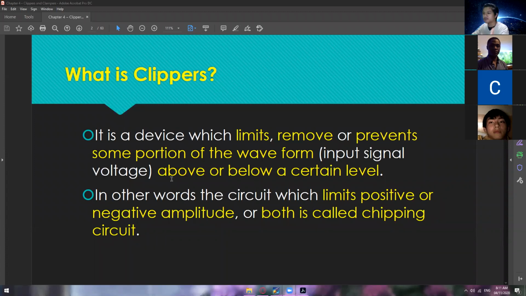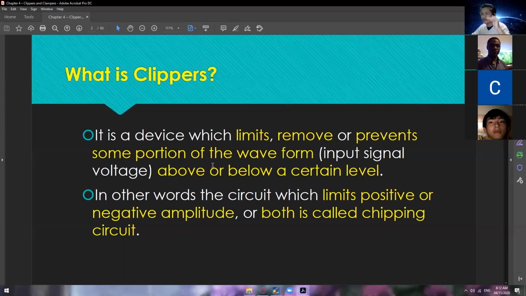So one very good example of this one is the topic that we discussed last meeting, the half-wave rectifier. In half-wave rectifier, it could be a waveform from the top only or from the bottom only. If we have a waveform from the top only, then it means that the bottom portion was clipped or was limited or was removed or was prevented. Any of those definitions.